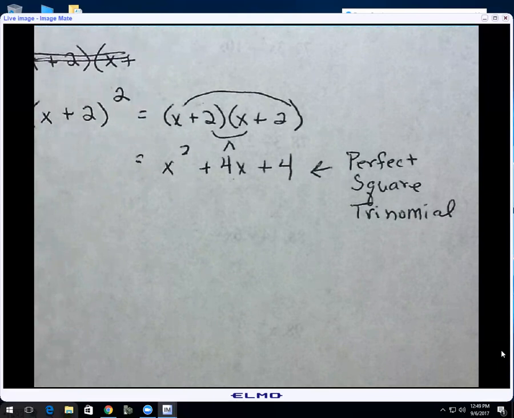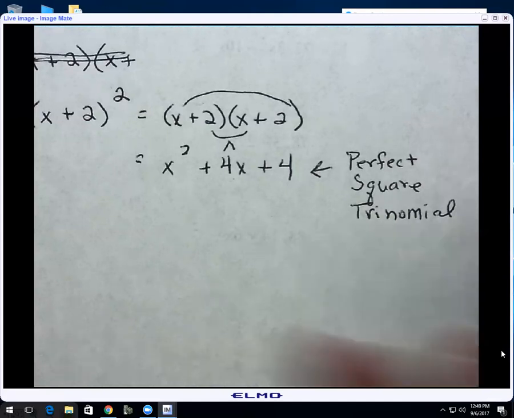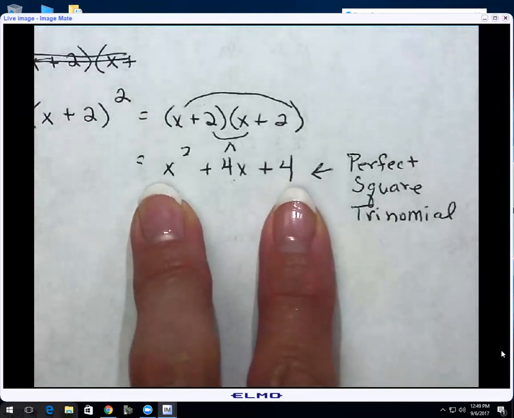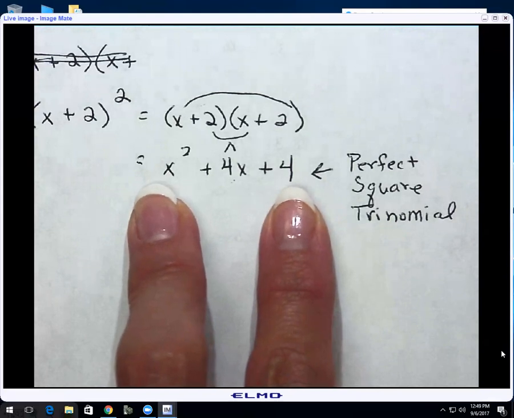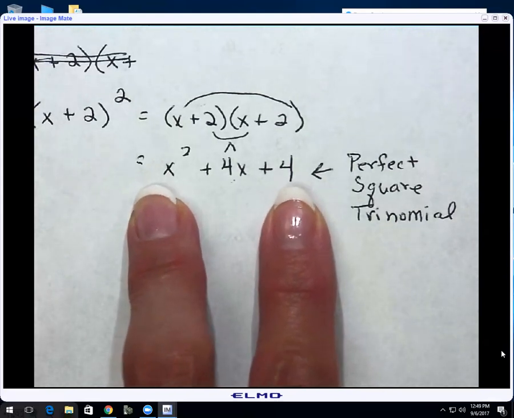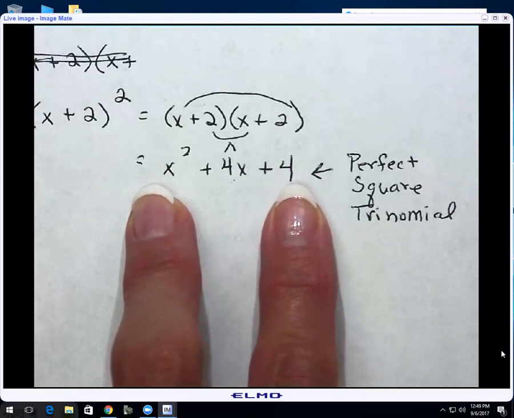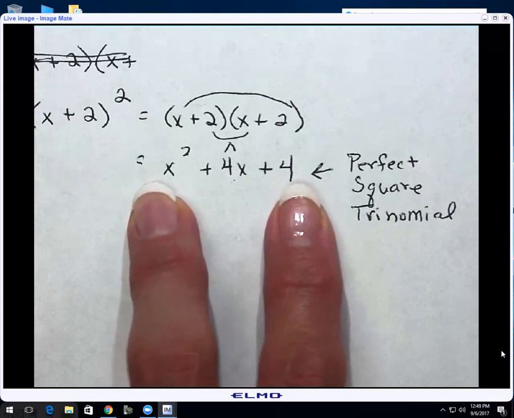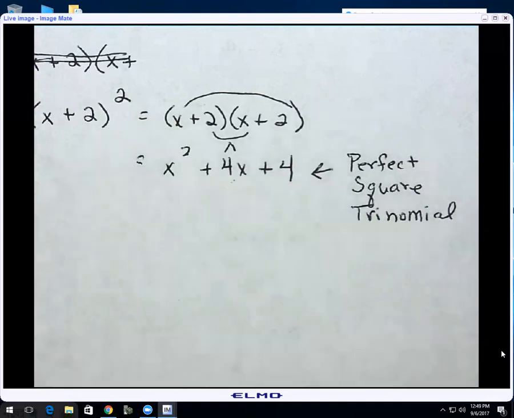And here's how you recognize a perfect square trinomial. The first test is easy. The first and last terms both have to be perfect squares. X squared and 4 are both perfect squares. First and last terms both have to be positive. X squared and 4 are both positive. It's the third test that's a little bit of a kicker, but it's worth learning.